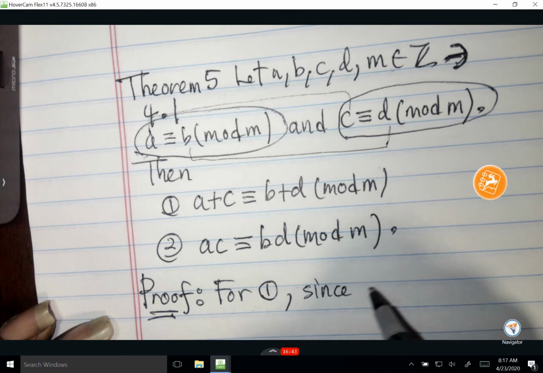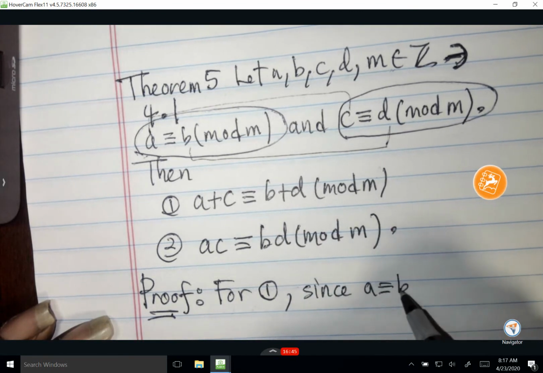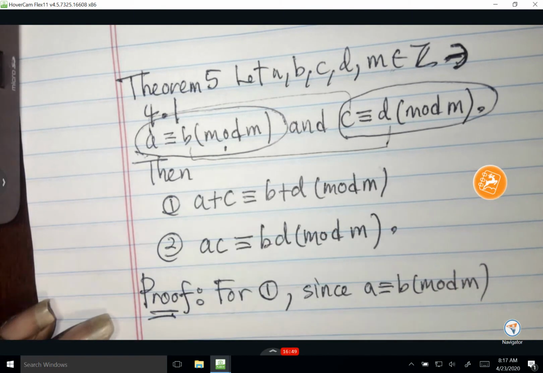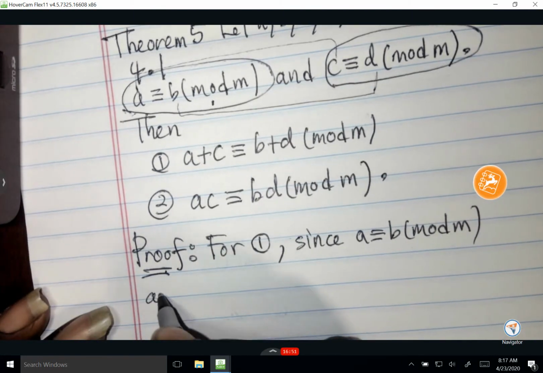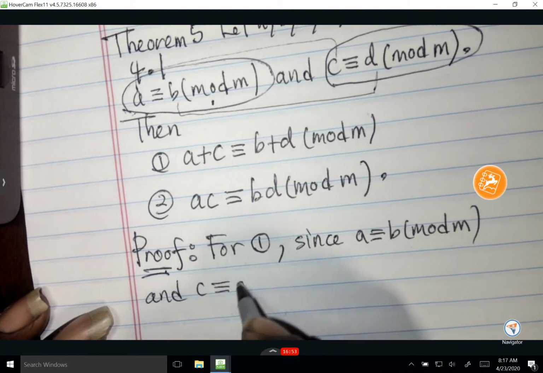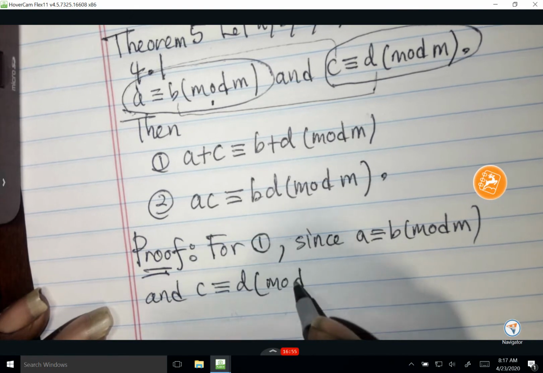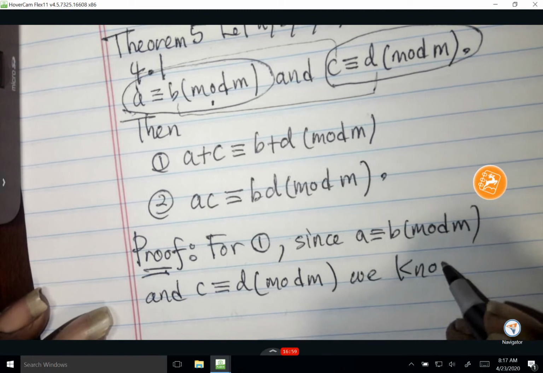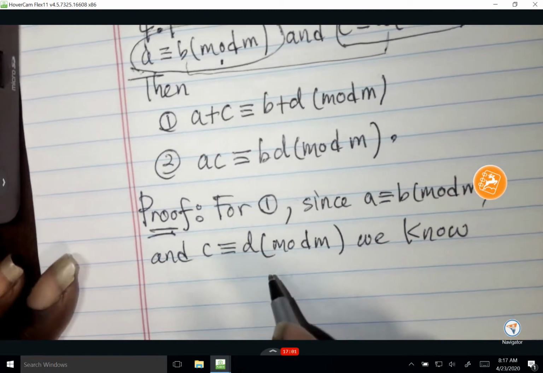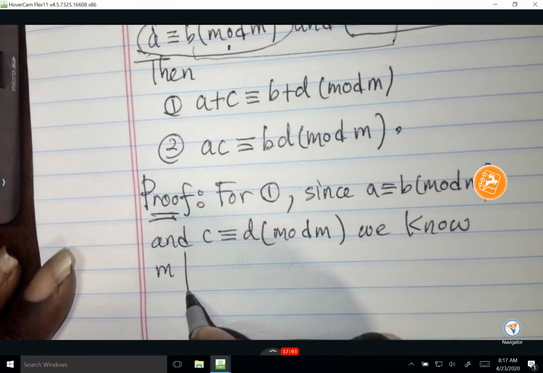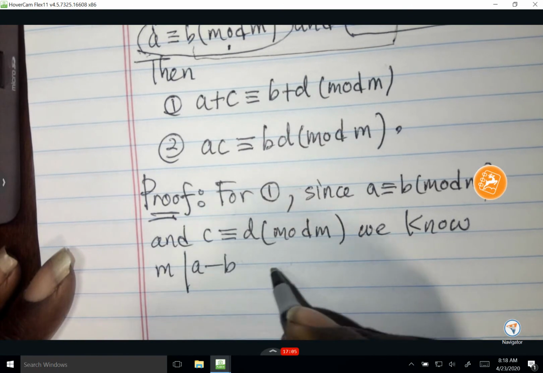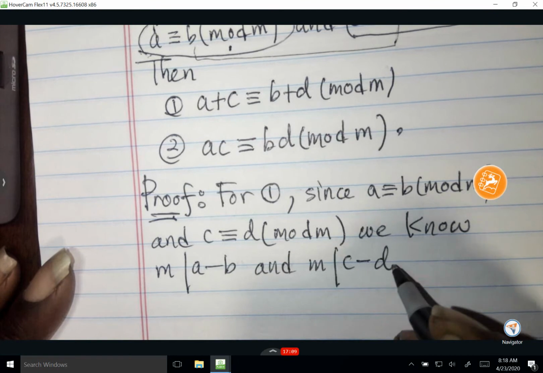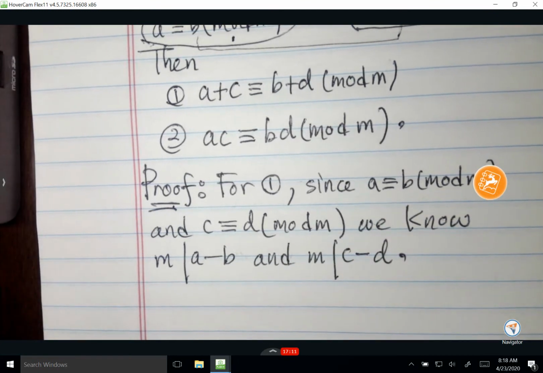Since A is congruent to B mod M, because he said it was, and C was congruent to D mod M, we know M divides those differences. In other words, M divides A minus B, and M divides C minus D, because that was the definition a page ago.